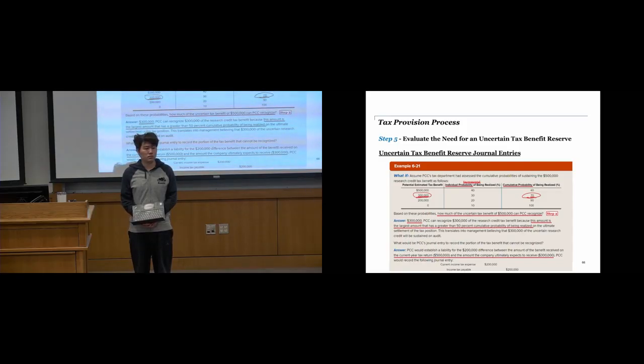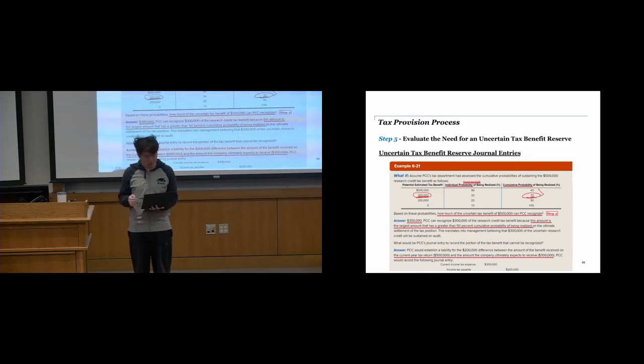That might lead you to say, well, I put $500,000 on my tax return, but I actually feel better about $300,000, because there's that element of research that gave rise to the extra 200 that I don't feel as good about. So that's what might cause your cumulative probability to be higher at 300,000 than at the 500,000 you file.